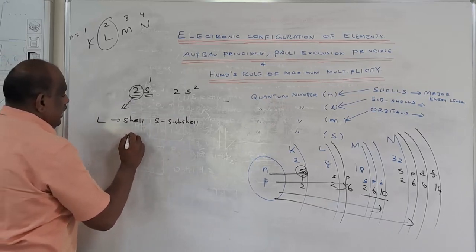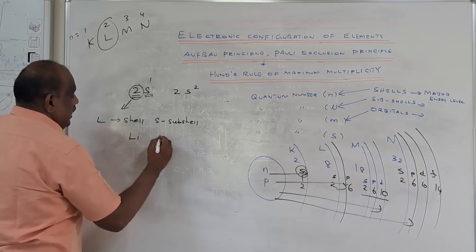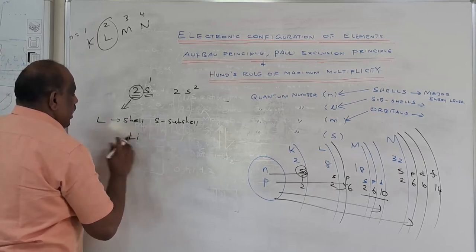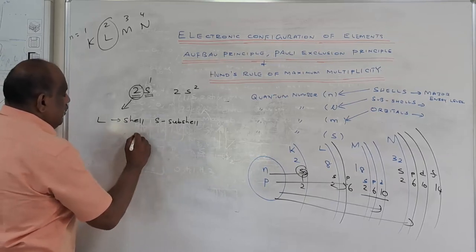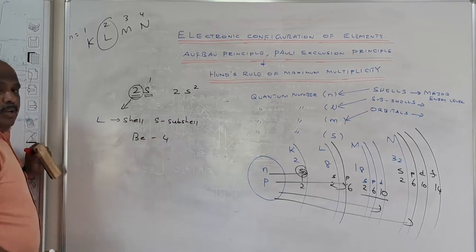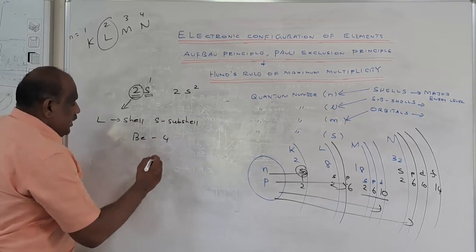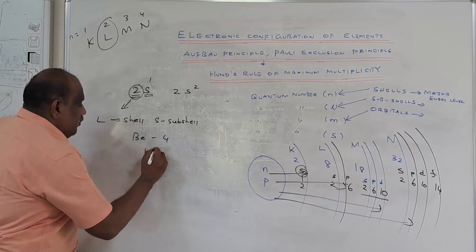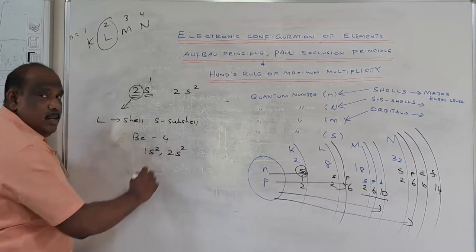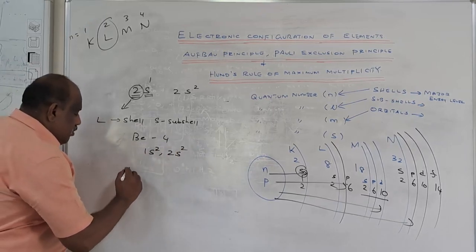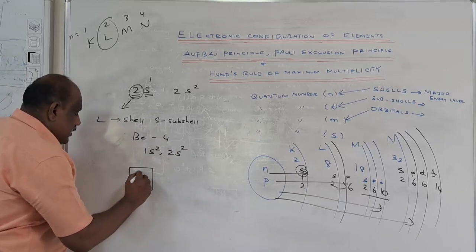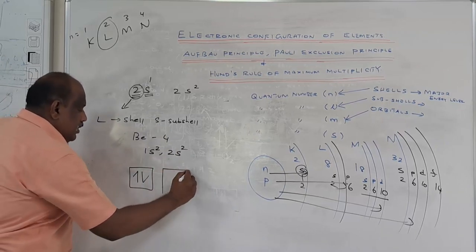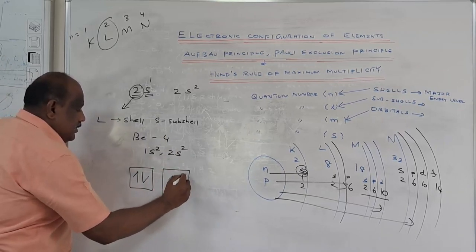I will write for lithium, or I will write for beryllium. Beryllium, its atomic number is 4. So what is the electron configuration? It will be 1s2, 2s2. 1s2 I can write like this, and 2s2 I can write like this.